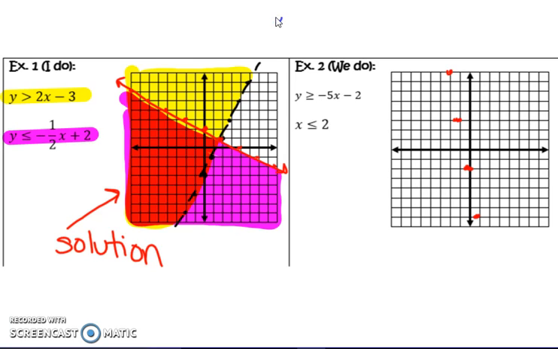Now it is a solid line, so as best as I can, I'm going to draw that straight. Now we're going to use our highlighter, and since it's y is greater than or equal to, I'm going above my y-intercept, excuse me, and we're going to color it all in.